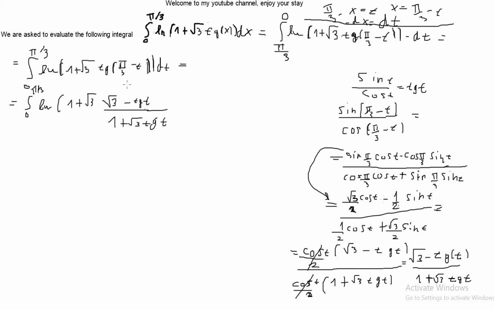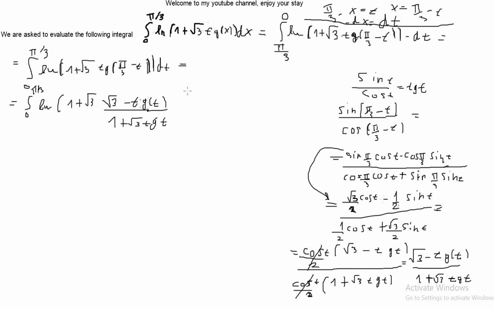I won't write a lot of lines for this. Let's just do some algebra. What do I mean by that? 1 will be multiplied by this, and square root of 3 will multiply this. So let's just work it out.